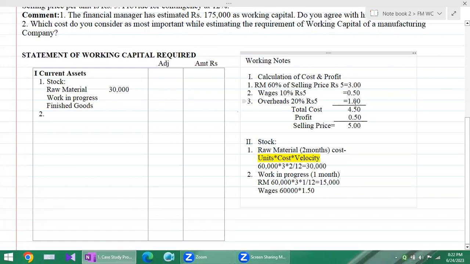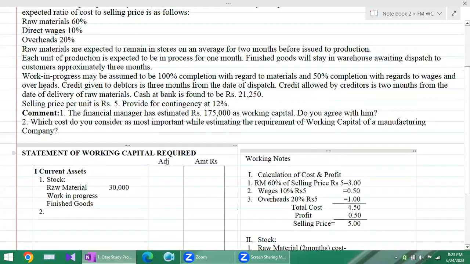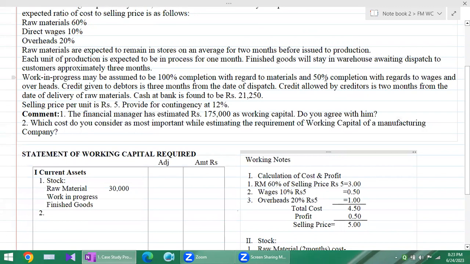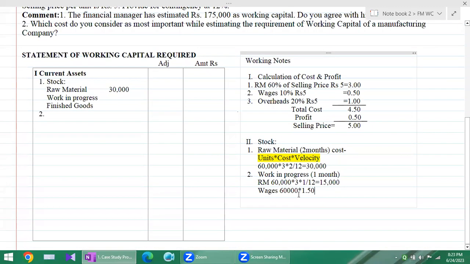The cost of these two are called as conversion cost. And here what he has given you, it is 50% completion, that is 50% completion with regard to wages and overheads. That's why I'm taking it. I'm clubbing it.